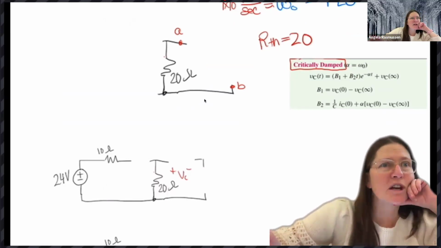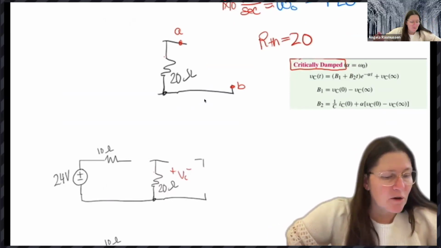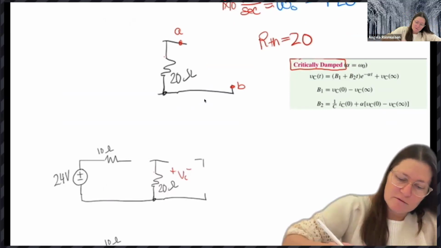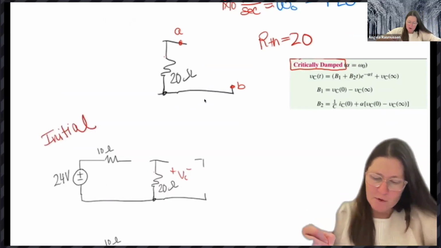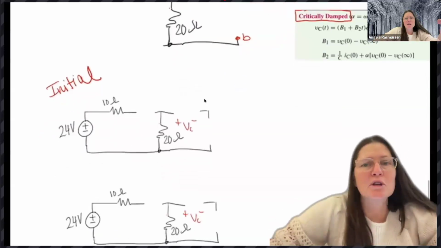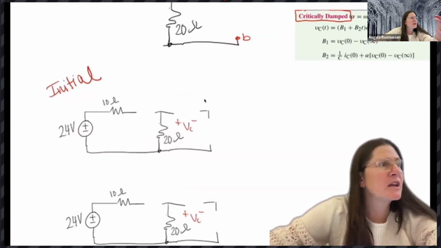So those are going to be the variables in here that we need to find. So we do an initial drawing, and in the initial, we're going to redraw just like we did before, leaving out the 3 elements: the switch, the inductor, the capacitor.